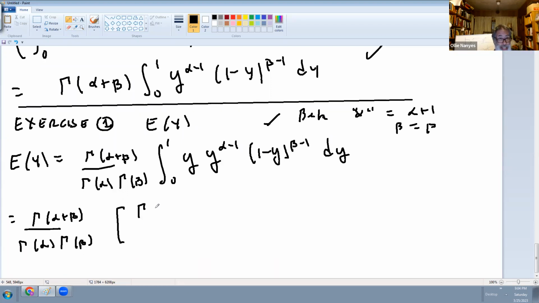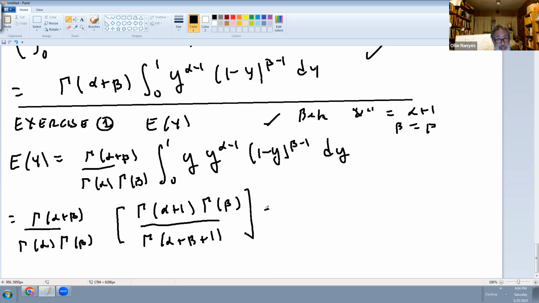is going to be gamma function of alpha plus 1, gamma function of beta, divided by the gamma function of alpha plus beta plus 1. And this is not going to be bad at all.